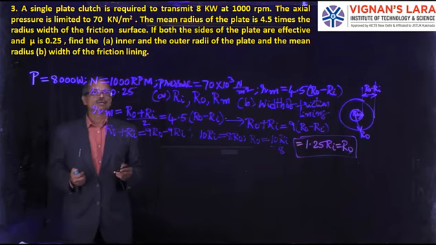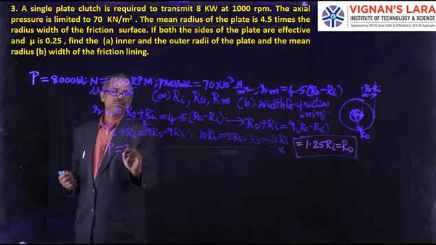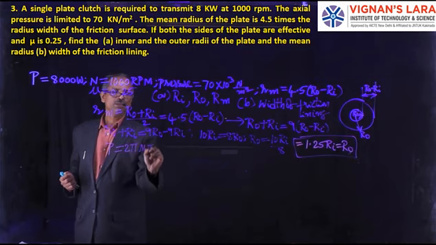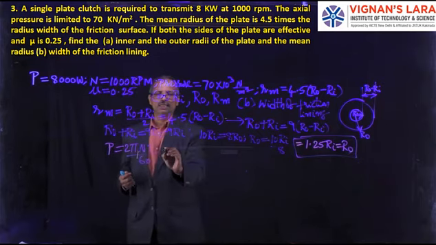Then what is power? Power is equal to 2 pi NT by 60. From this we can get the torque.